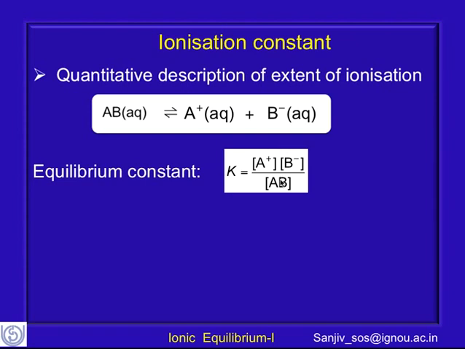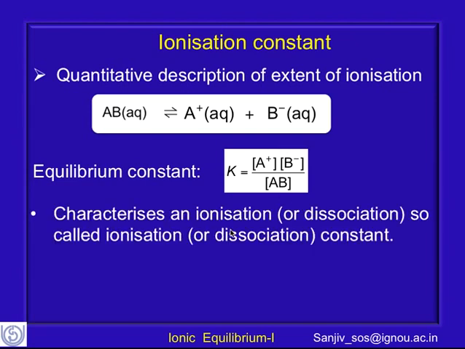This equilibrium constant essentially characterizes the ionization, or in older nomenclature, the dissociation. That's why it is also called the ionization constant or dissociation constant, because in books both terms are still used.